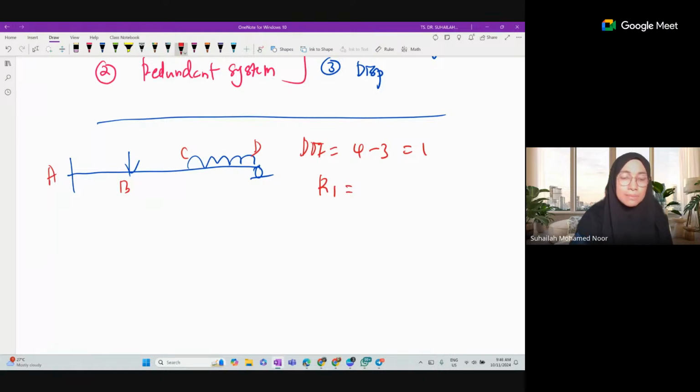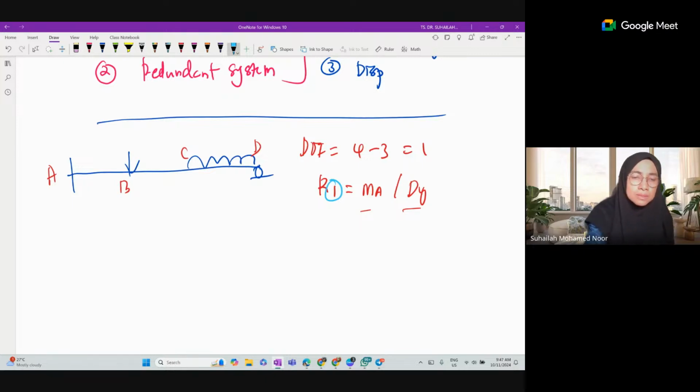R1 in this case can be the moment at A, or the roller, the vertical reaction at D. It can be MA or it can be Dy. So instead of using label A for the moment at A and label D for Dy, we can have one standard label, using 1 for one redundant.